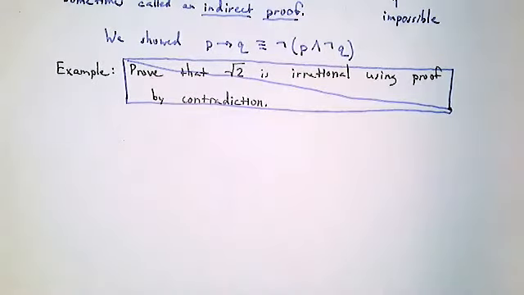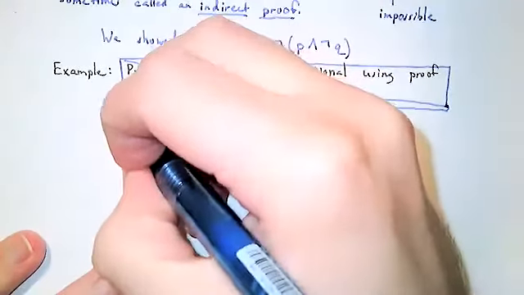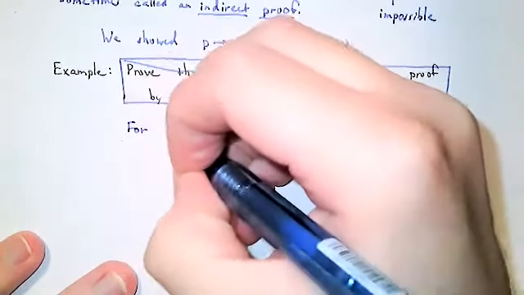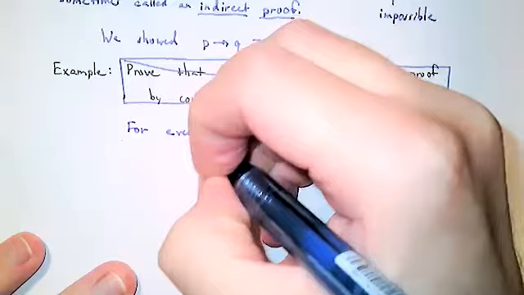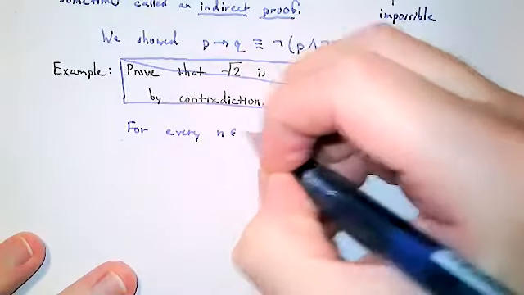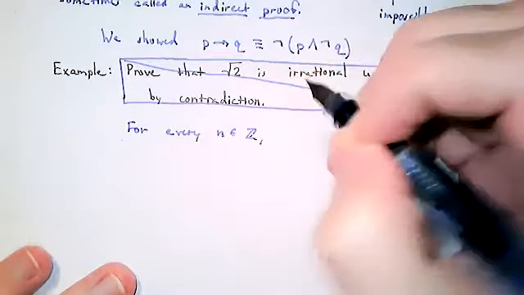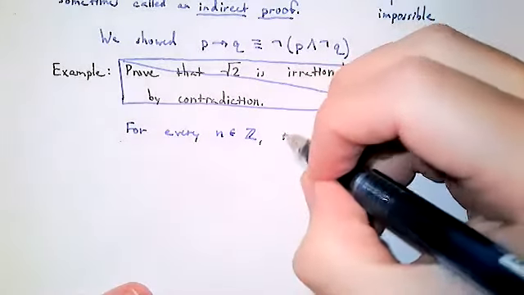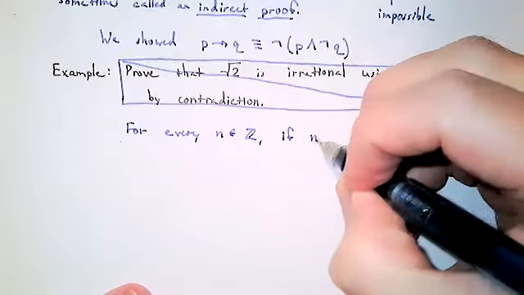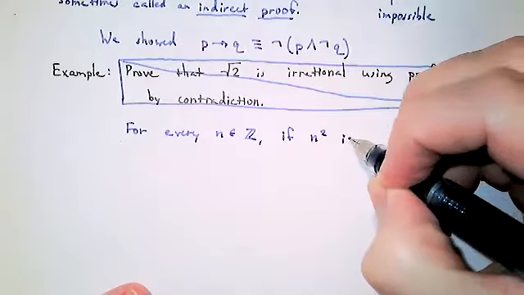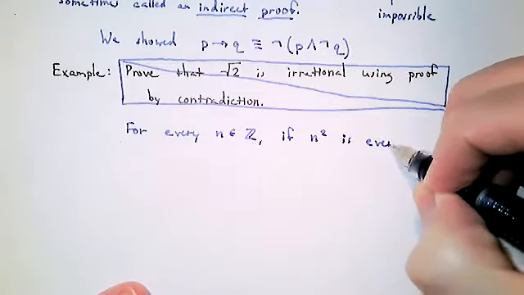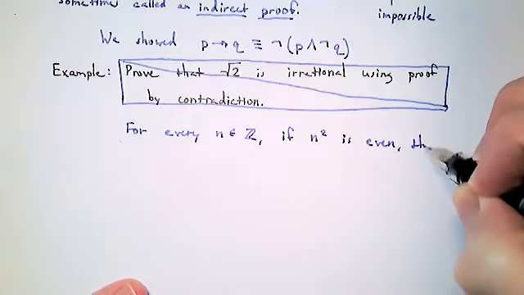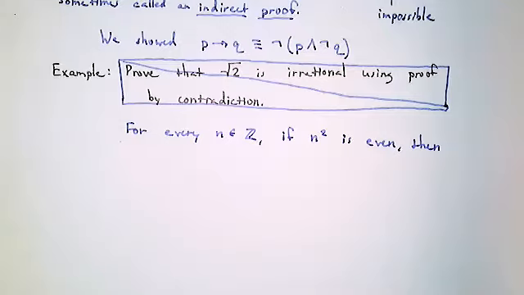So we're actually going to look at this other example that says for every integer n, if n squared is even, then n is even.